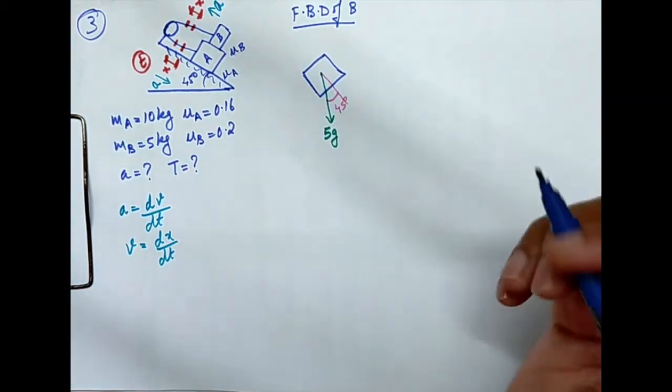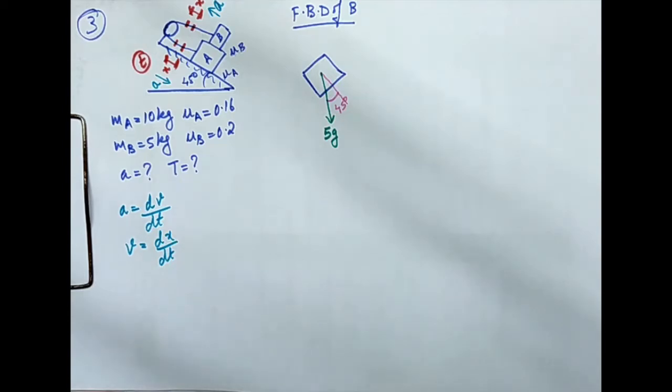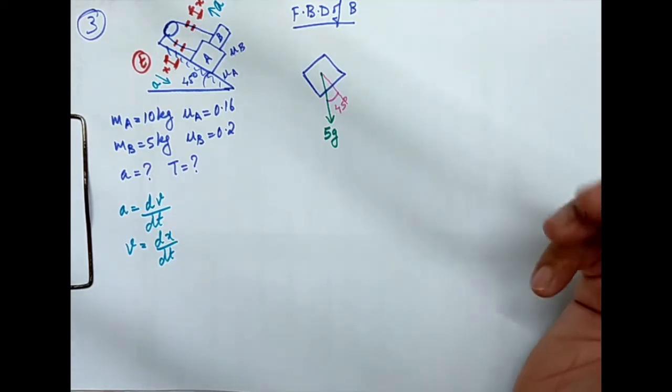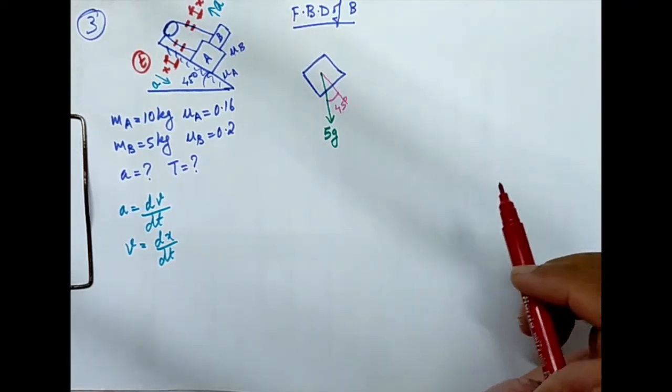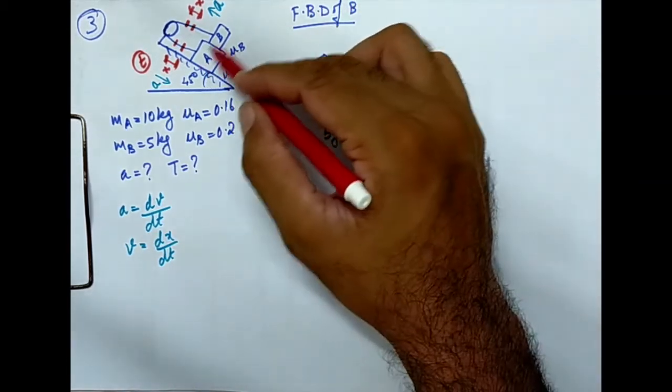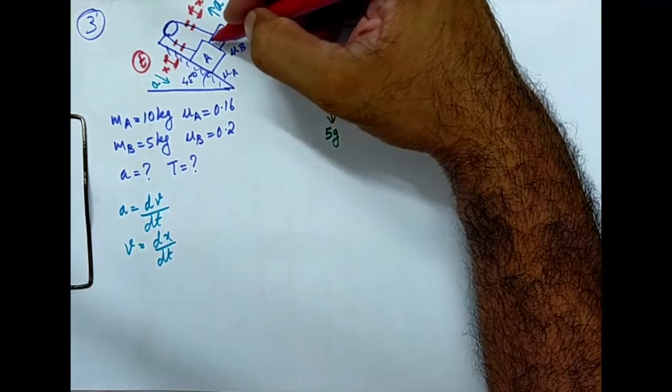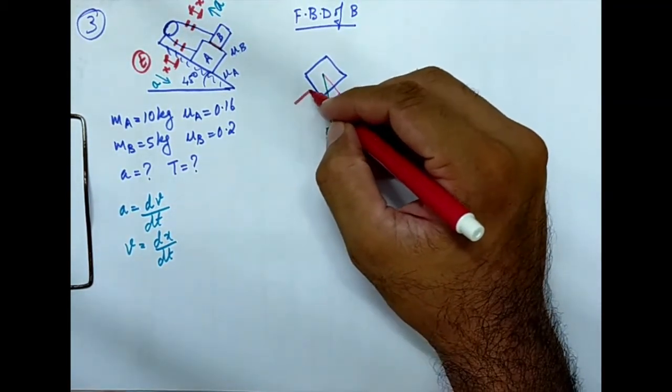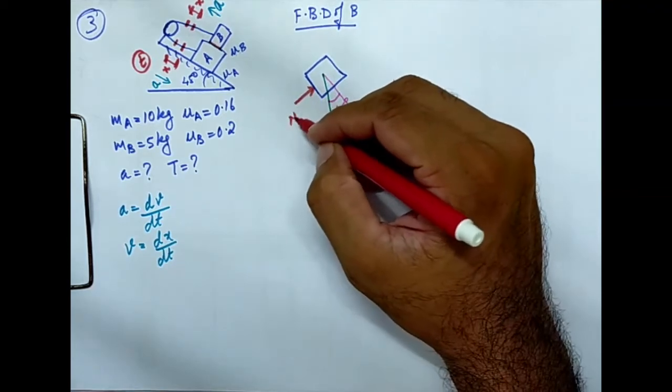Then what are the other forces in the system? What about the reactions? Reactions are always normal to the surfaces in contact. Here the surfaces in contact are A and B surface, which means this particular surface. So normal to that, we will be having a reaction. I'm calling it N1.